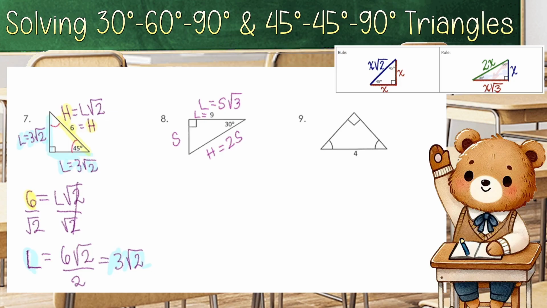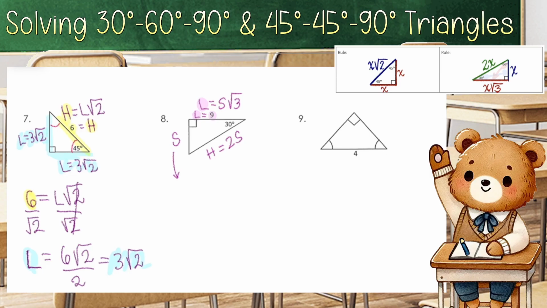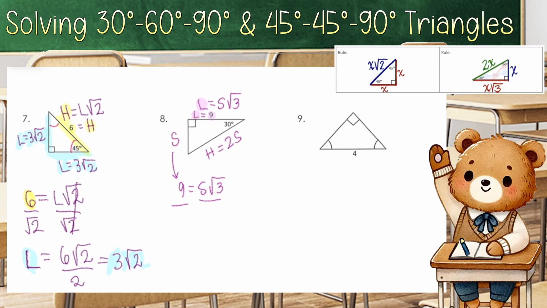So I'm going to fill in what the value of my long leg is. L is equal to 9, and I'll fill it into that equation. 9 equals S root 3, and then we could solve for S. Similar to the last example, we're going to divide by root 3.